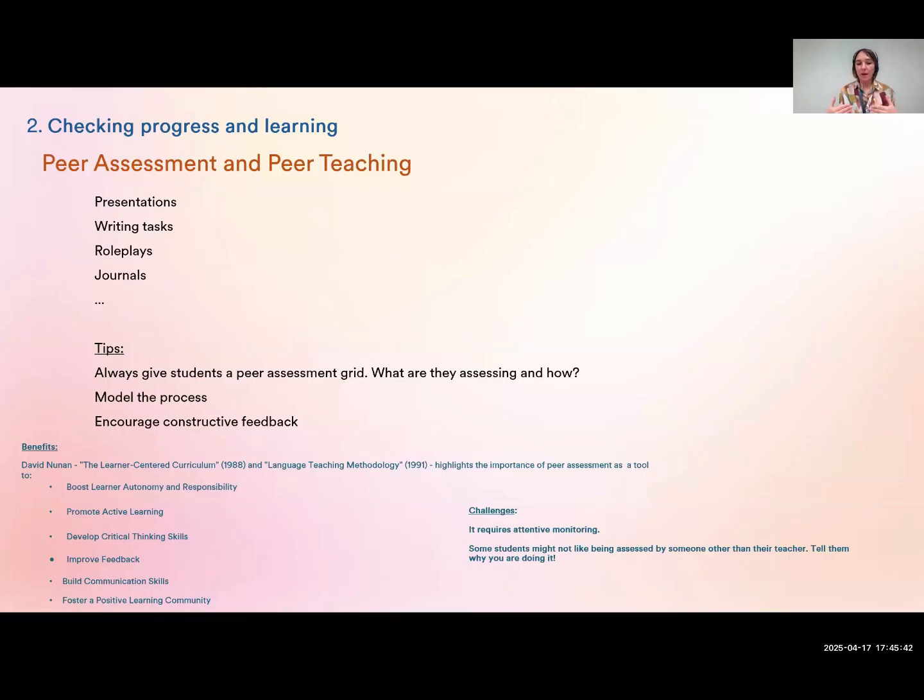They don't see them as being at the same level as a teacher, and therefore they don't understand it. So again, it's your job to explain why you're asking them to assess each other. Once again, we give a tool in the hands of the students, but then we have to be the mediators for that process.